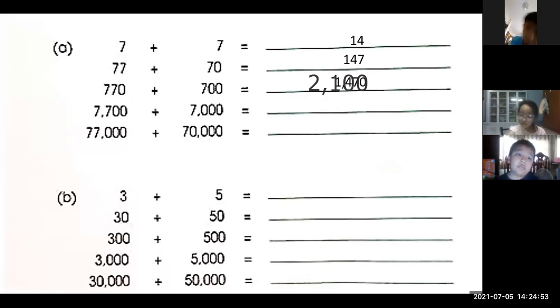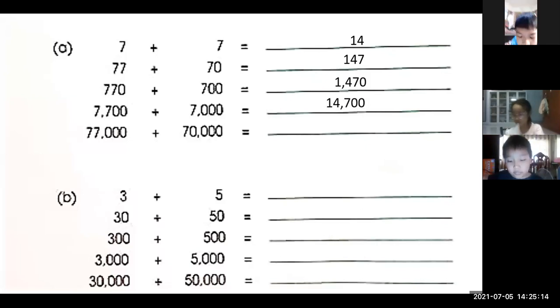1,470. Next. 7,700 plus 7,000 is 14,700. 77,000 plus 70,000 is 147,000.